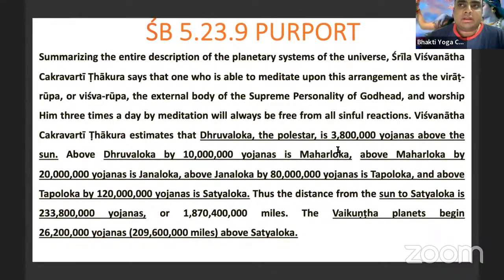That chapter was titled the Shishumara planetary system. It was regarding the description of the planetary systems, beginning from the sun, moon, and all the other planets in the Antariksha space region, up to Dhruva.